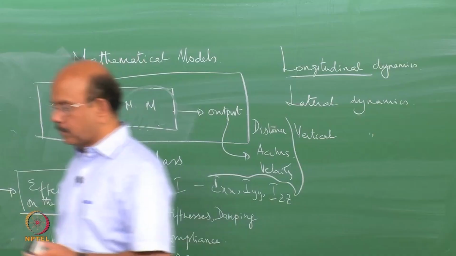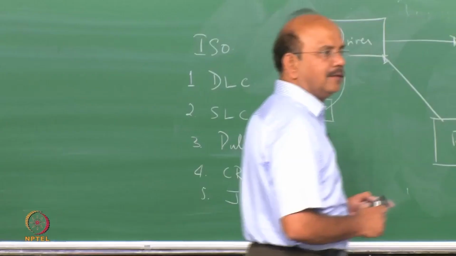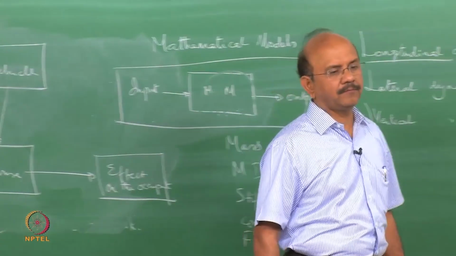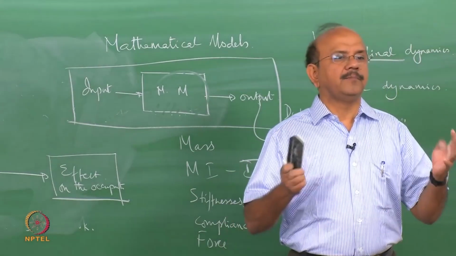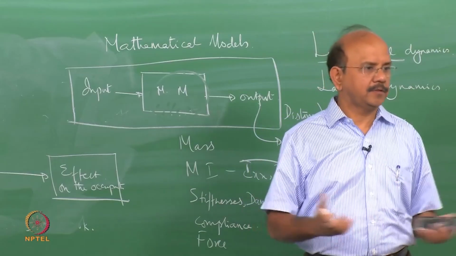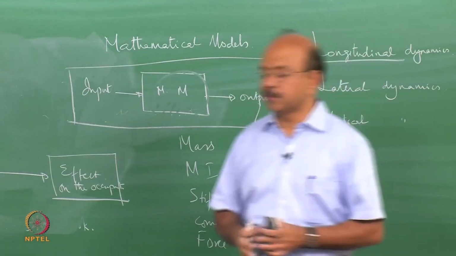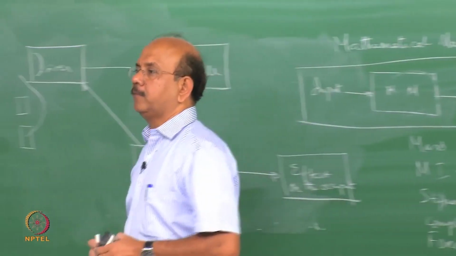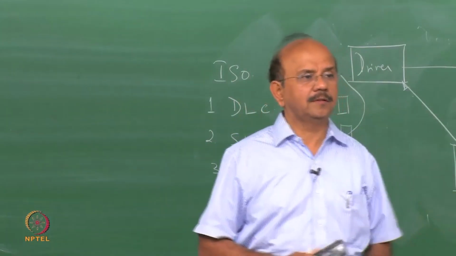Just to give you an example, if I have to brake the vehicle or accelerate the vehicle, then I need a braking force and a traction force. All right? Yes, you can tell me that the braking force emanates when I press the brake pedal. Yes, of course, there is a braking system. But we are not going to look at the braking system per se in this course.